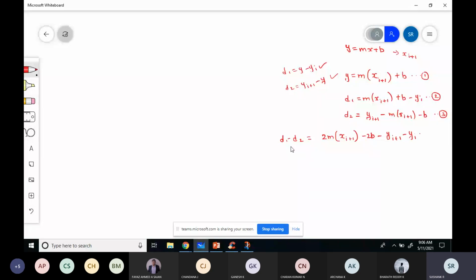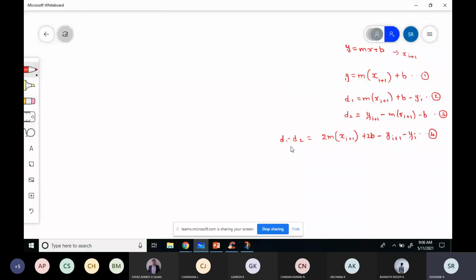This is the equation for d1 minus d2. Is it correct? Actually, the 2b term will be plus: 2 times m into x of i plus 1, plus 2b, minus y of i plus 1 minus yi. These are the equations I derived yesterday, and you can get this equation from the basic formula.